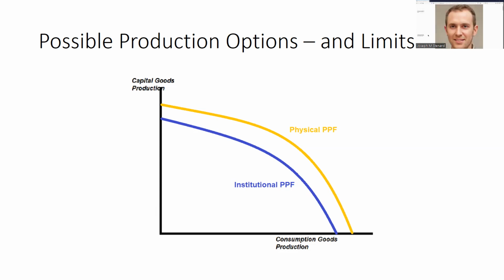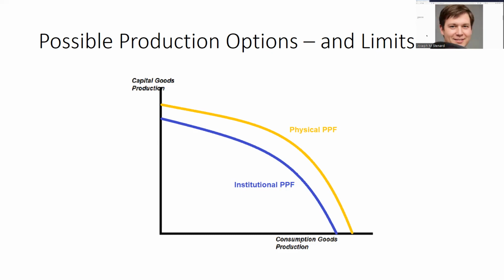There's perhaps all sorts of distrust in some countries, so they are not able to trade with each other, except with people in some kind of in-group, and so it limits the amount of trade. With lots of such institutions, some countries have a very inefficient production possibilities frontier, and the way that they could improve it is by improving their institutions.